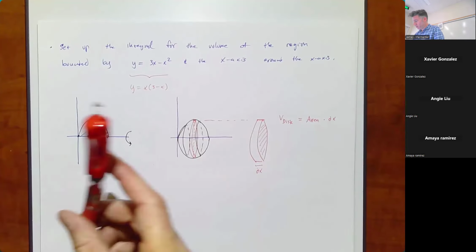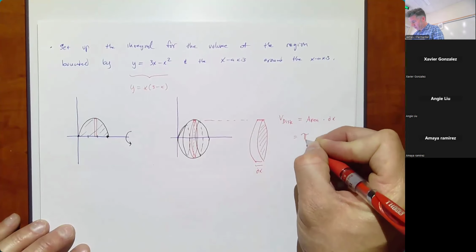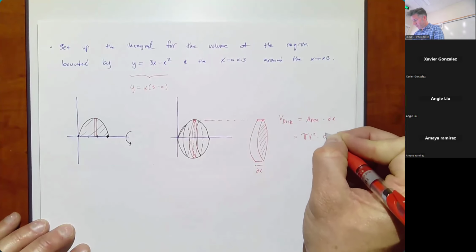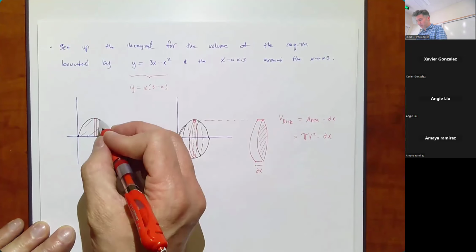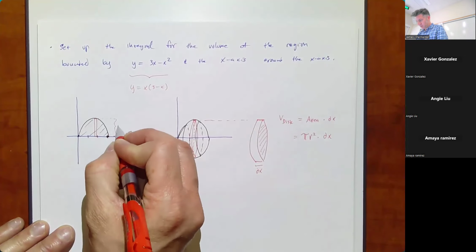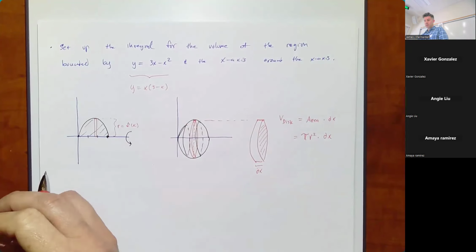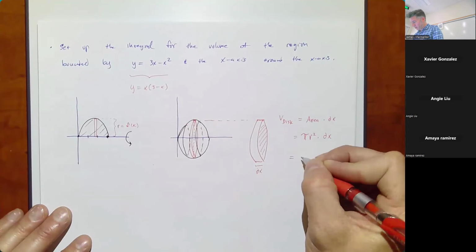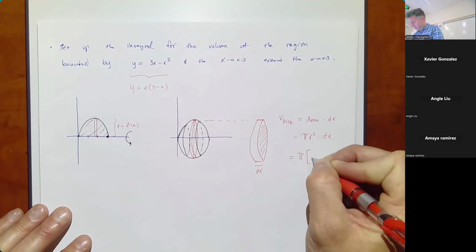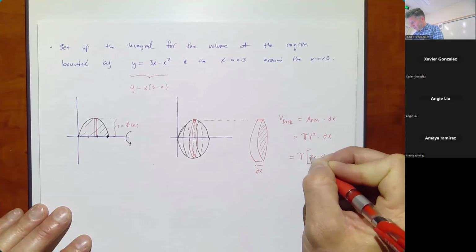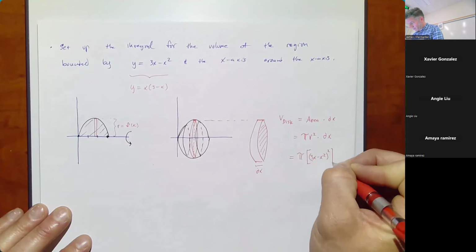So the area is going to be pi times whatever the radius squared is, times dx. But the radius is literally just whatever the function height is. So here our radius is just going to be the function 3x minus x squared. And then we're squaring that.